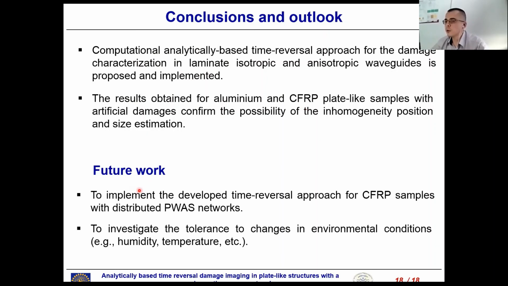As future work, we are intending to implement the developed approach for carbon reinforced plastic samples with a distributed network, and also to investigate the tolerance of the proposed technique to changes in environmental conditions, for example, humidity, temperature, etc.